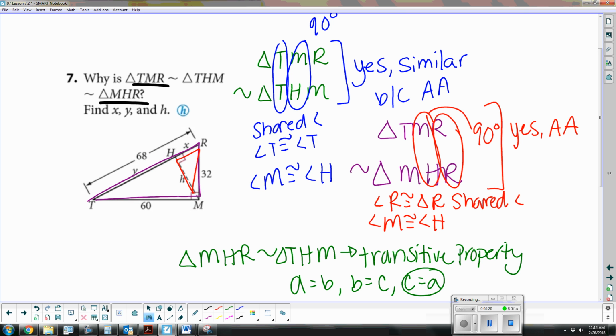So now our next goal is to find X, Y, and H. So we're going to use our properties of similar triangles. If triangles are similar, then the sides are proportional. So looking at this, the full side is 68 units.